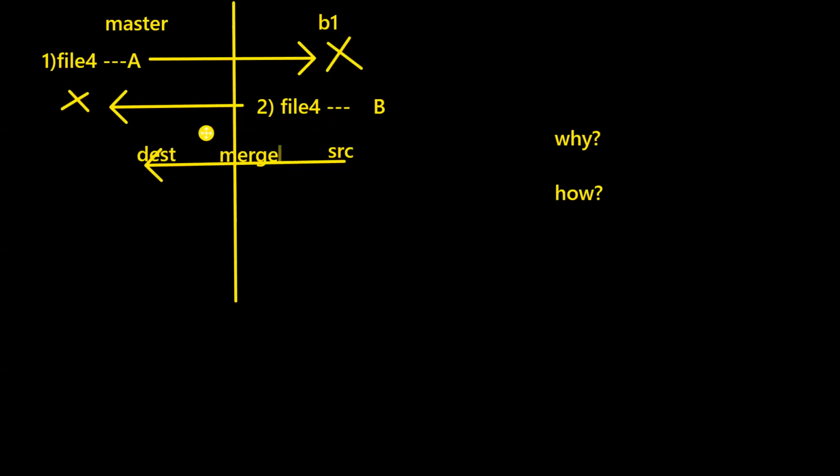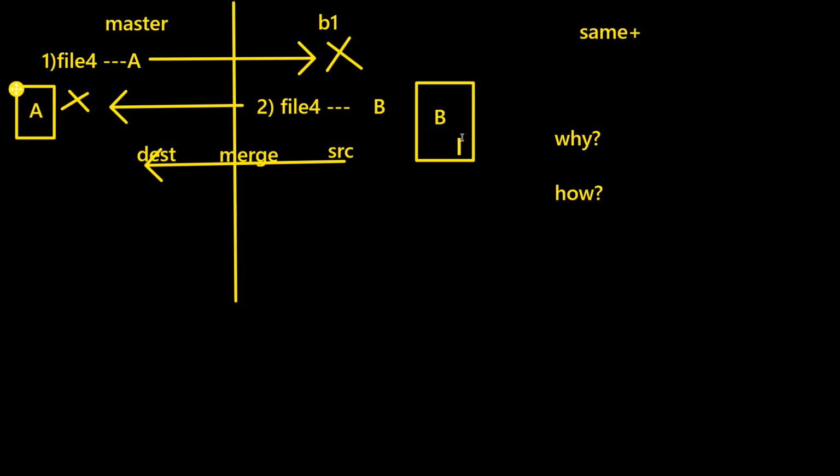If you see the commit history of file 4 on B1, it is simply only one commit, B. And what would be the commit history of file 4 on master? Only one commit, A.